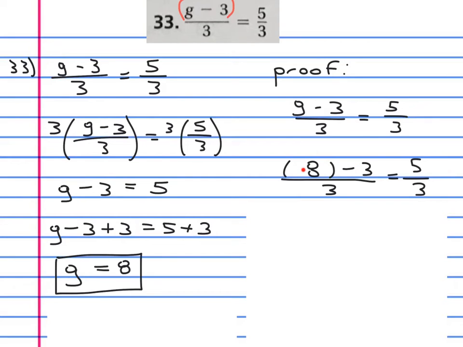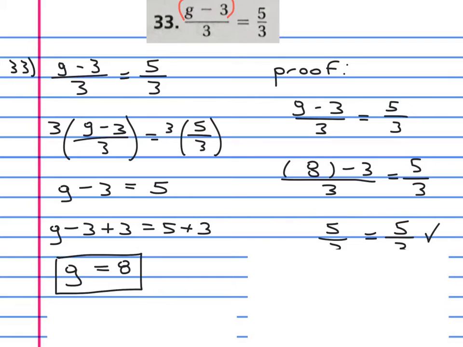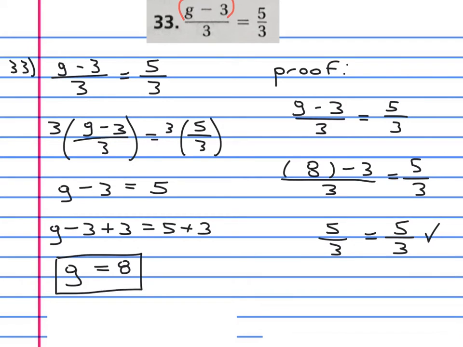So 8 minus 3 is 5. And when we simplify that and write that as a 5, you then see we've got 5 over 3, and that's what's on the other side, 5 over 3. 5 over 3 equals 5 over 3. So there's nothing else to do. We're done, and it worked out. So we know that our answer is correct.